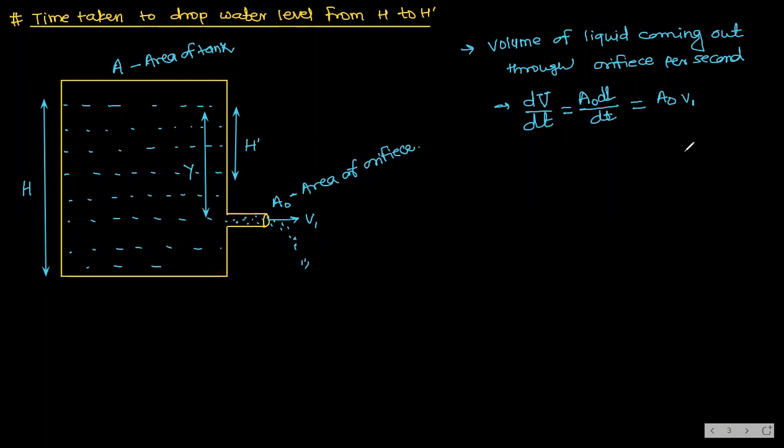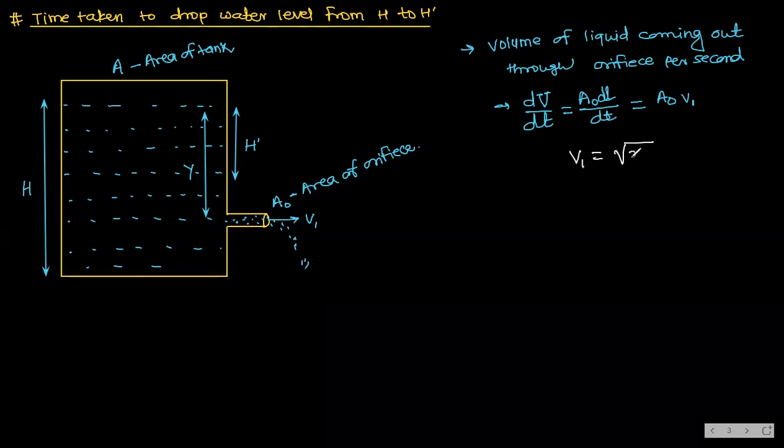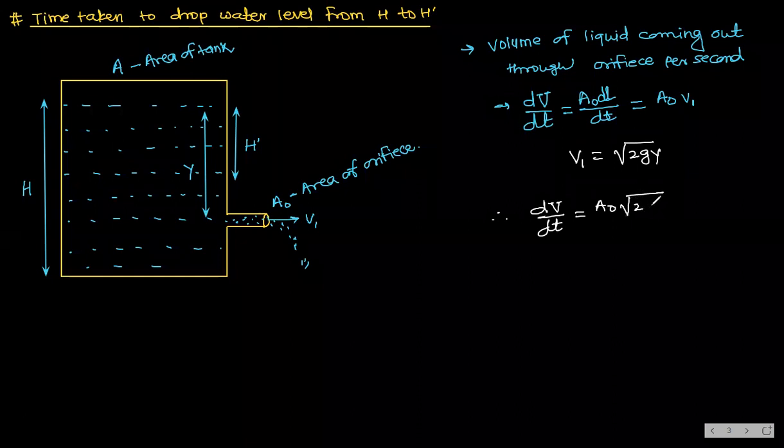Understood? Now already we know this v1. In yesterday's class we have learned from Torricelli's law, v1 should be equal to under root 2gy, and therefore dV by dt is equal to a naught into under root 2gy.